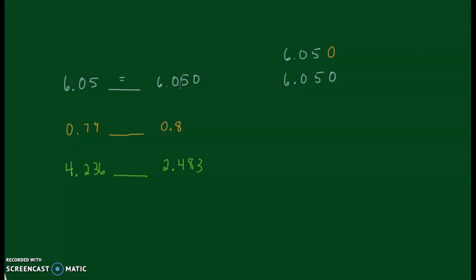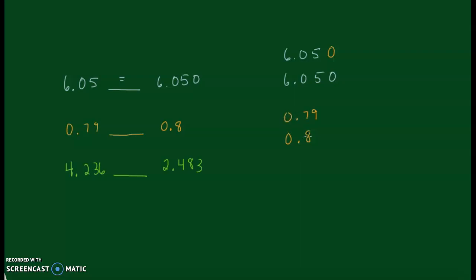When we're comparing decimals, it doesn't matter the number of digits, it matters the place value. So let's keep that in mind when we compare 79 hundredths to 8 tenths. Again, we're going to look at the whole number. There's zeros. That's the same. So now we can move to the tenths place.